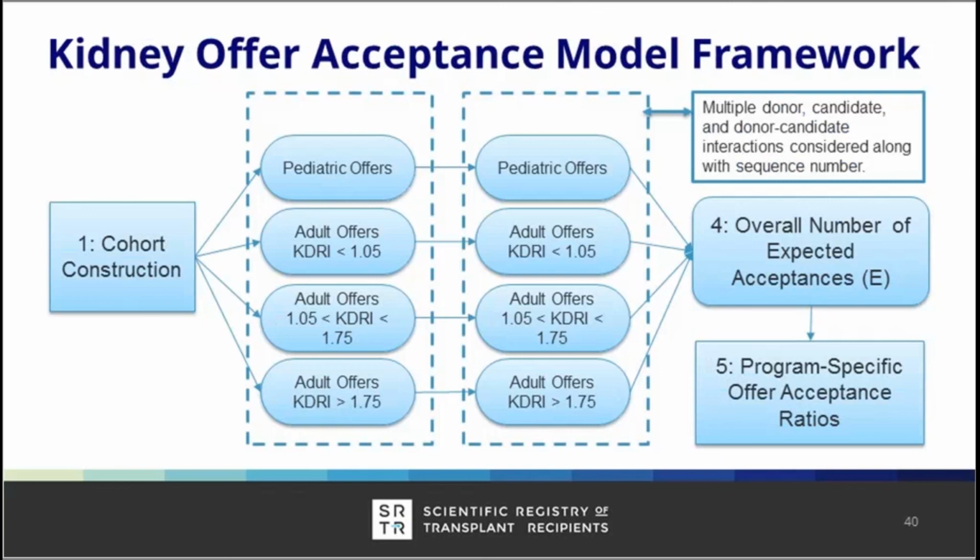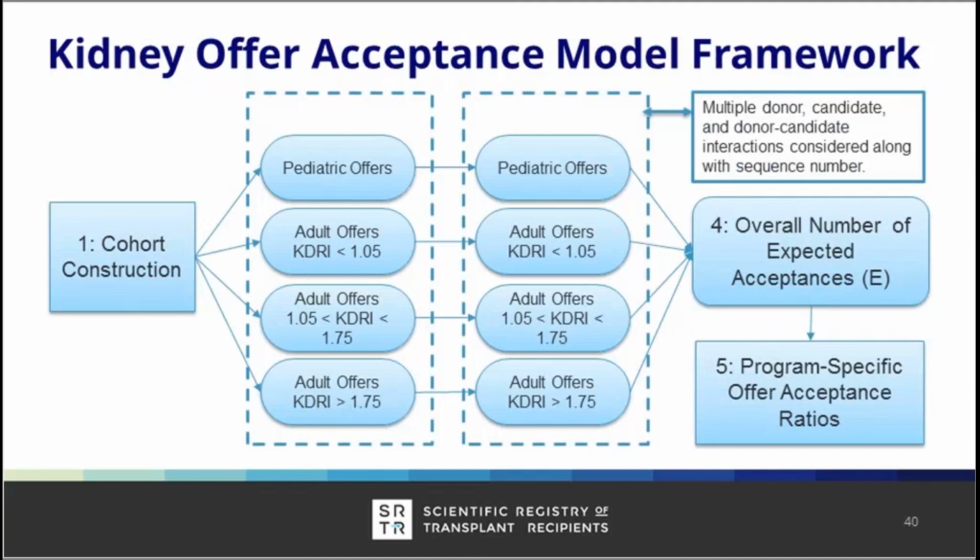Complicated diagram here, but this just sort of gives a general feel of how we build the models to estimate the acceptance practices at the programs. We build the cohort of offers that are being entertained by the programs based on those inclusion and exclusion criteria described on the previous slide. We split the population up. We found it better to create better models by what we call stratifying these models into these categories here.